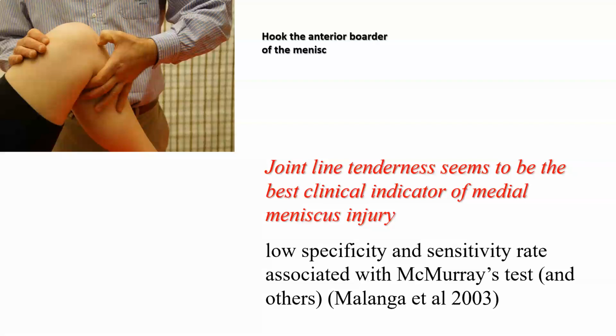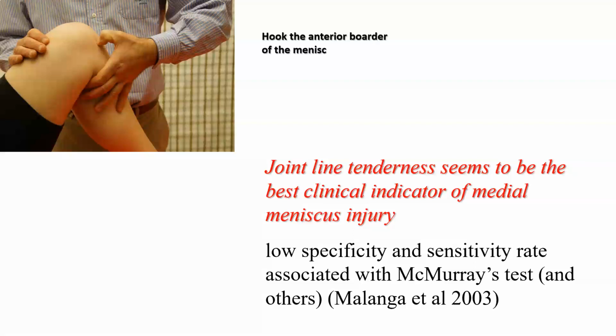Well, to be honest, in my career I felt this only once, and it has been confirmed later on during the arthroscopy. But we have to be honest, most of the meniscal tests don't have a good validity.